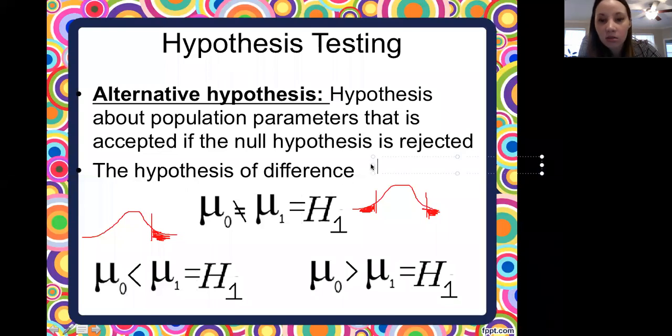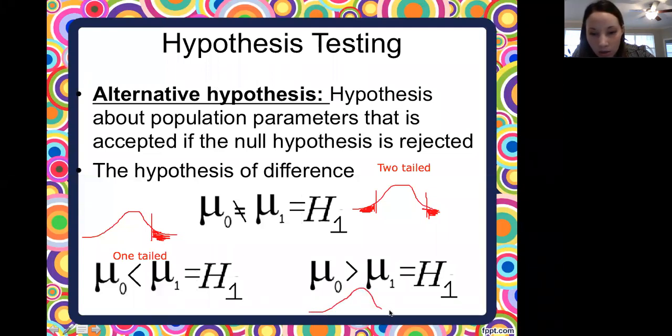So this is two-tailed, this is one-tailed. And this one is saying the opposite. It's also one-tailed, and it's saying that our population mean is going to be larger than our sample mean. So it's talking about the left side of the bell curve.